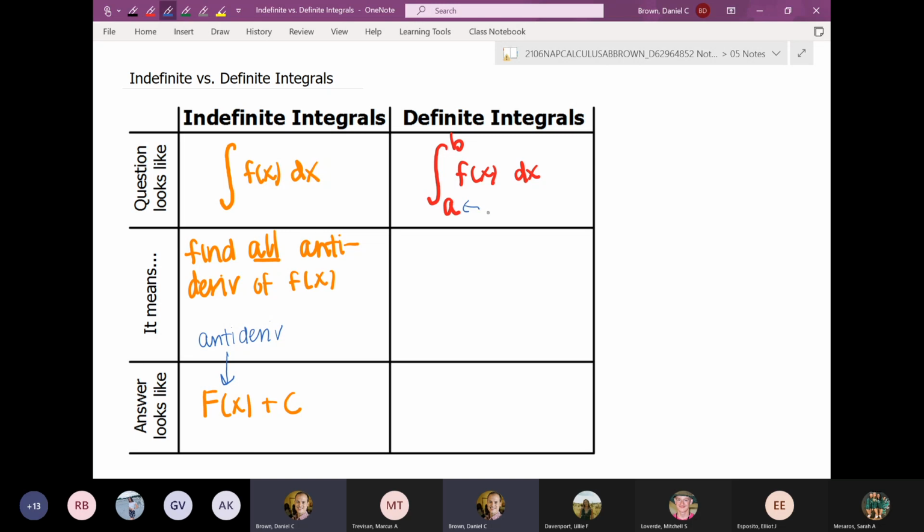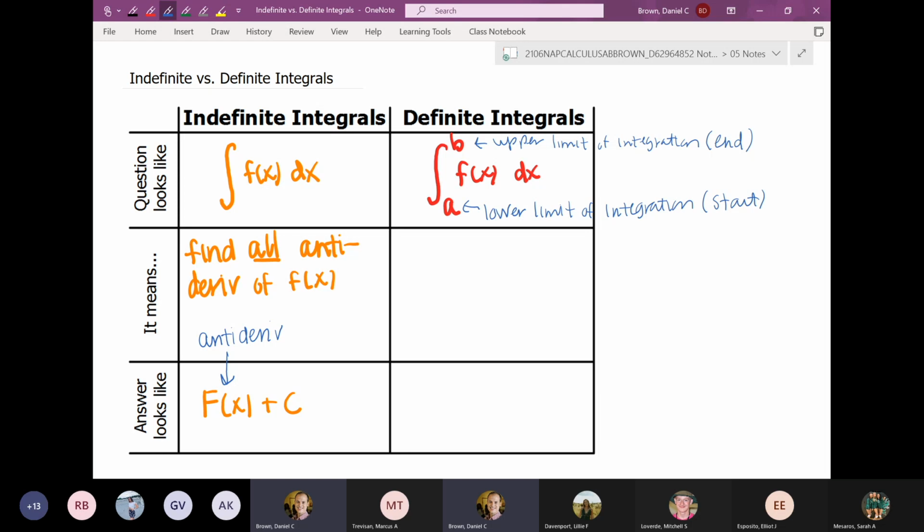That a we are going to call the lower limit of integration, and the top one we are going to call the upper limit of integration. I also like thinking of the lower one as the starting point and the upper one as the ending point.